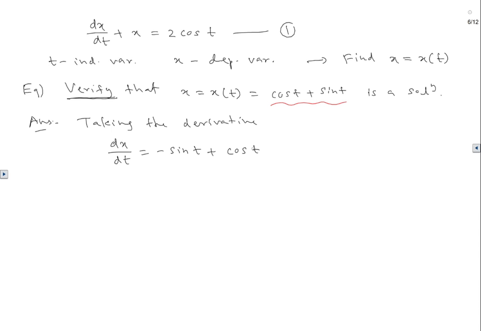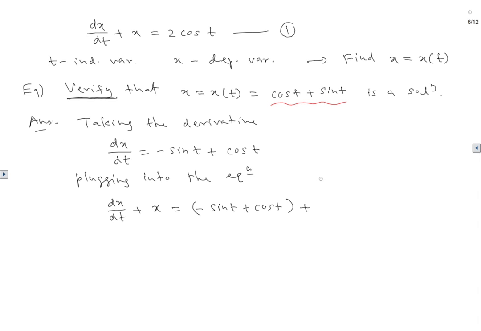Now you're going to plug that into the equation. We have dx over dt plus x equal. What is dx over dt? It is negative sine t plus cosine t, that's the derivative part, plus x.